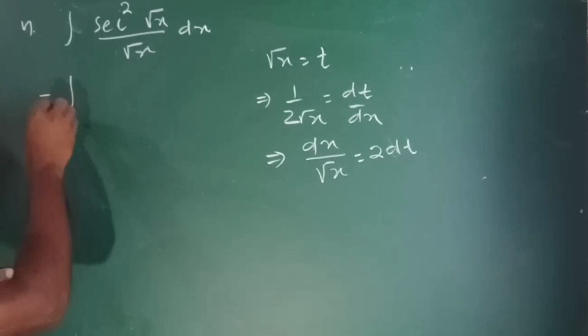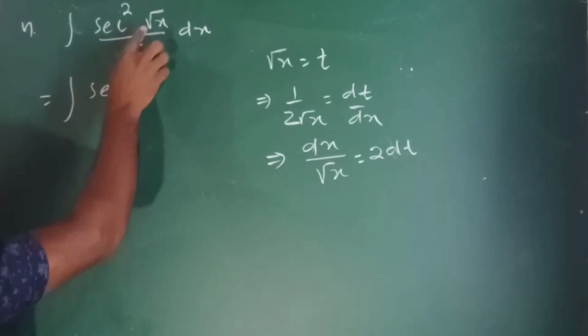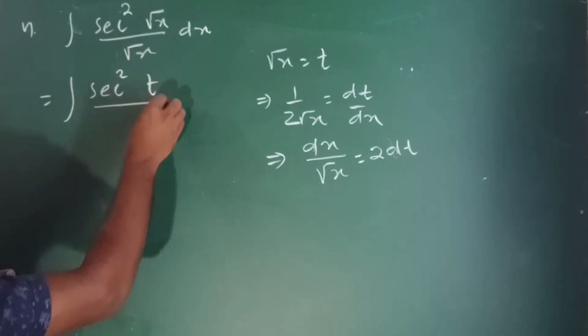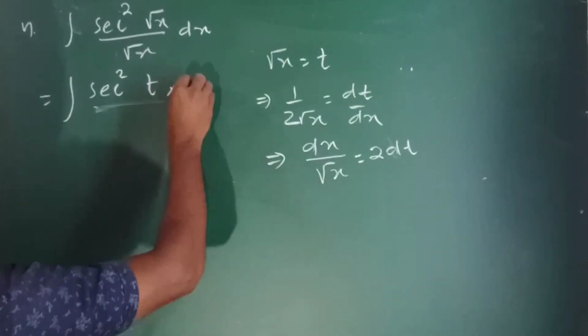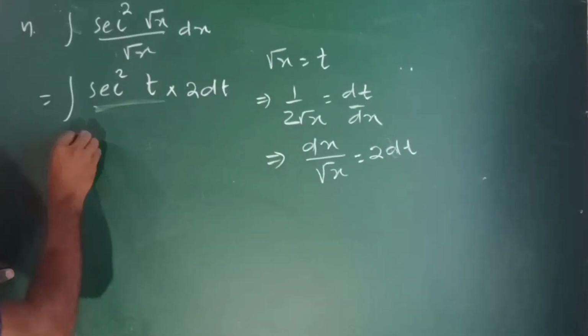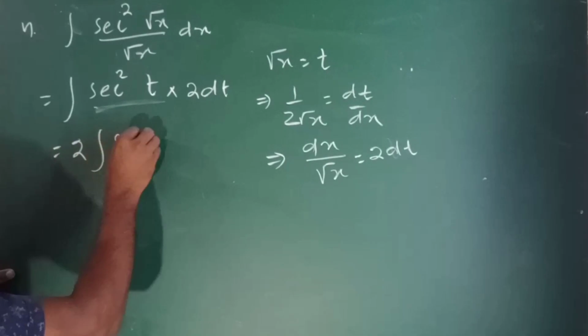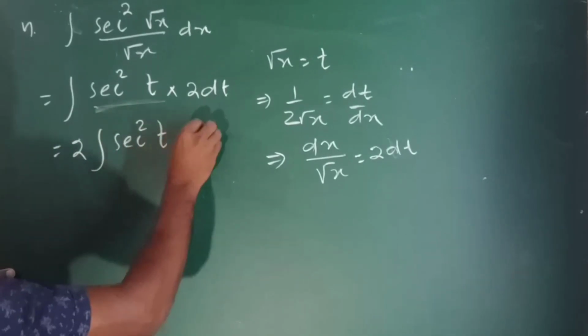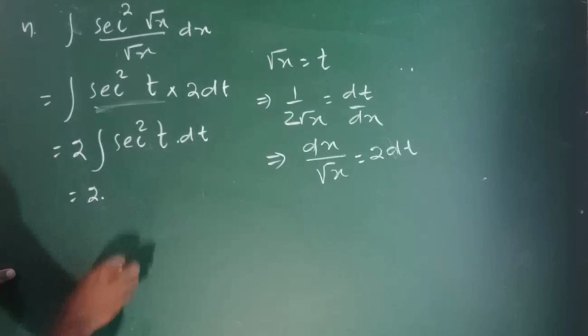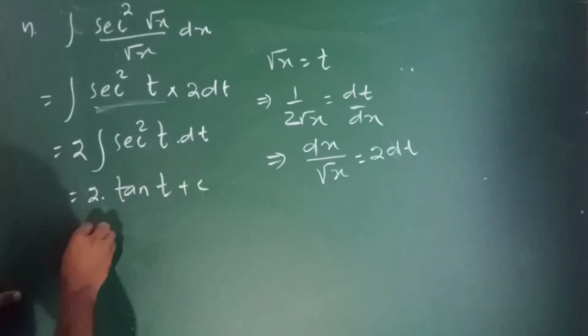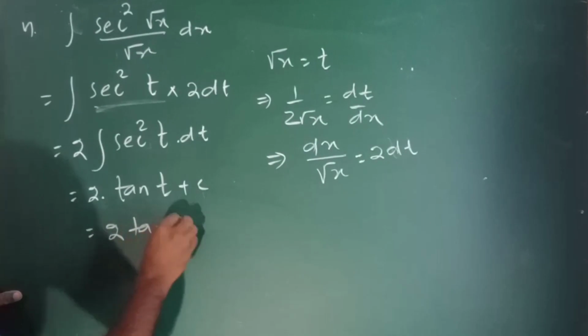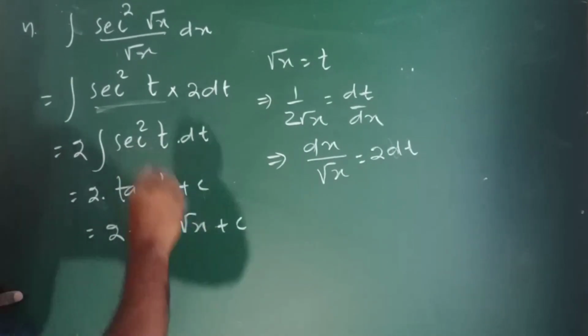Look here, this is sec square of root x, which is t, and dx by root x is 2 dt. 2 is a constant taken outside. This is sec square t into dt. 2 into integration of sec square t is tan t plus c. 2 into tan t is 2 tan root x plus c.